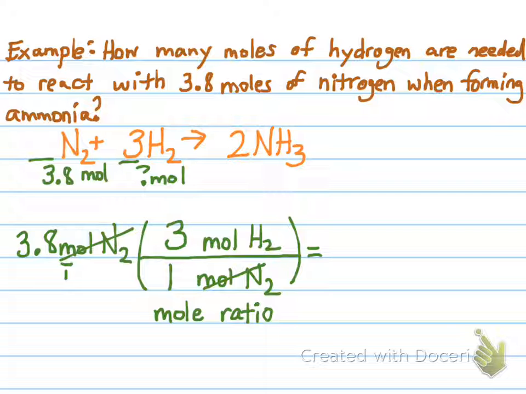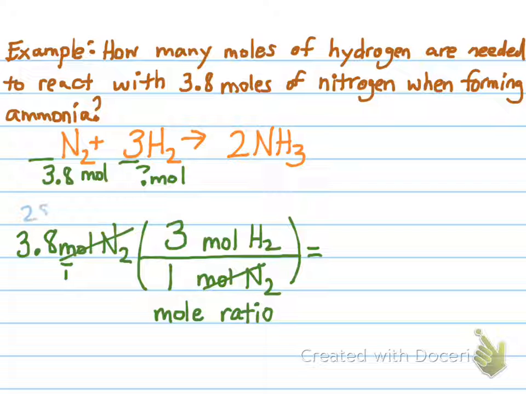Now remember, when we're doing dimensional analysis and factor label method problems, we multiply by numbers that are in the numerator or on the top, and we divide by numbers that are on the bottom. So hopefully we don't have to divide by 1, because you all know that you wouldn't have to do that. So 3.8 times 3 gives me, my calculator gives me 11.4, but you've learned about significant figures, so I need to pay attention to significant figures.